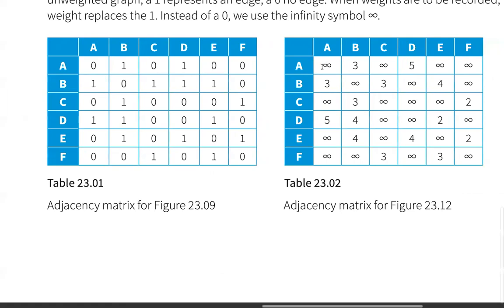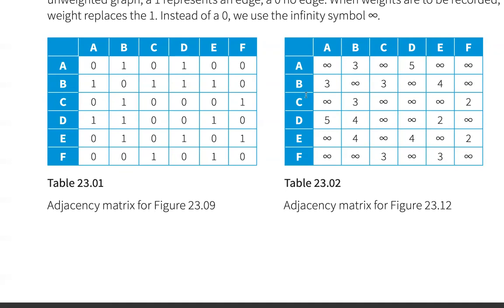Any other path with which I'm not directly connected, where there is no direct path, I will simply label as infinity. I don't know the cost. There is no direct path, so I really don't know the cost of traveling from A to, say, C. There are multiple edges, so I don't know the cost right now. For the time being, I'm labeling it as infinity.